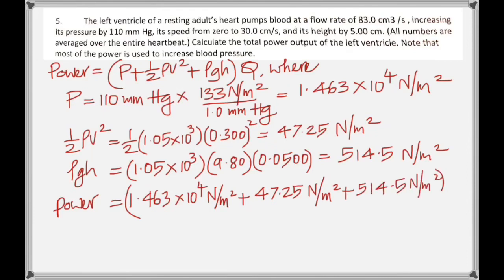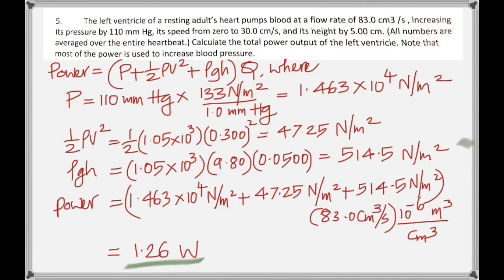So that's all those three terms added up, and then 83 centimeter cube per second times 10 to the negative 6, because 1 meter cube is a million centimeter cube. And when you do that, you get the power as 1.26 watts.